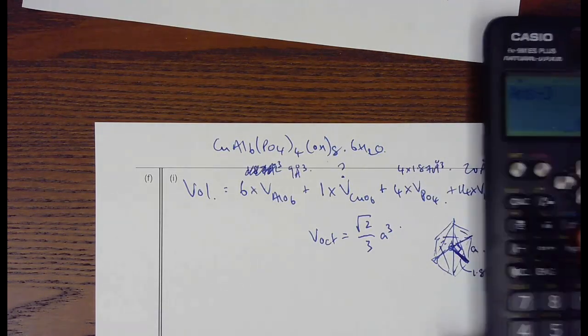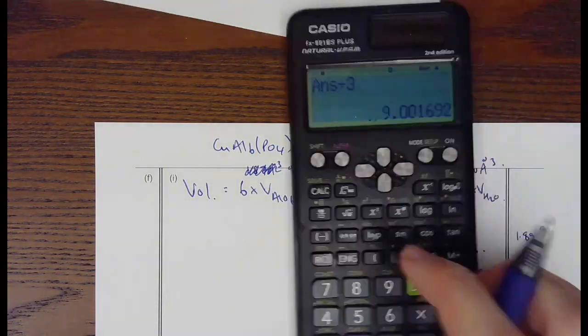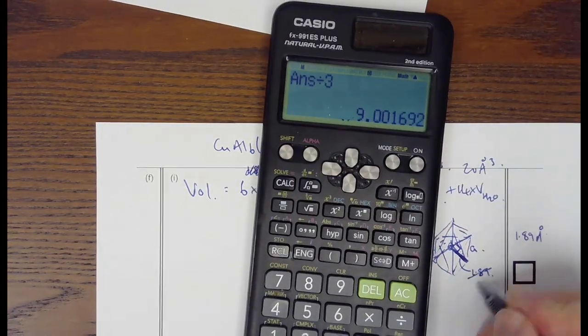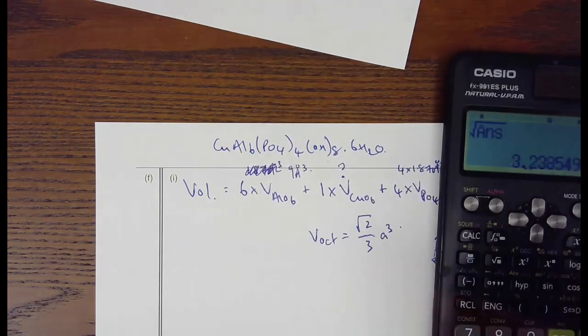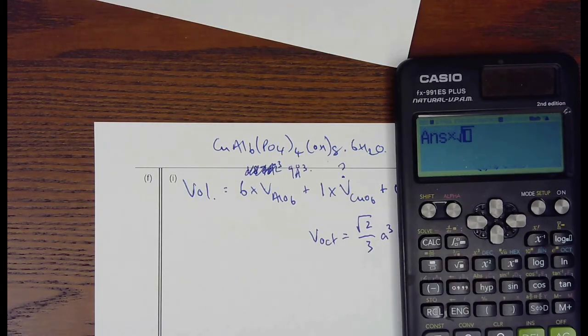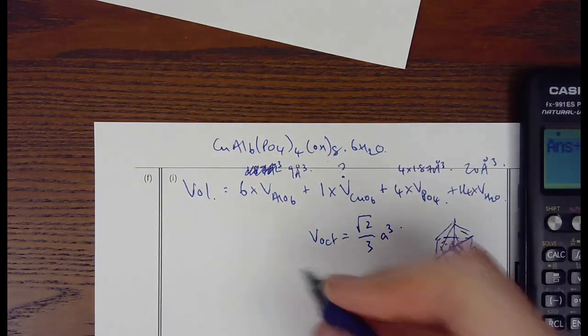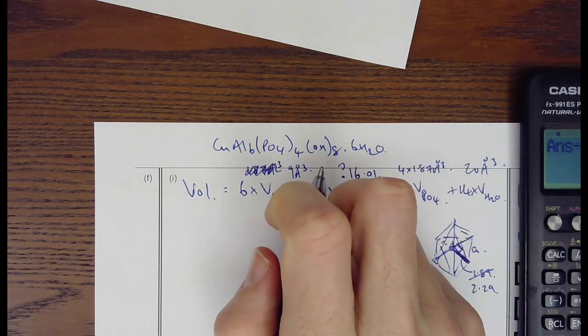All I do then is repeat that same calculation with 2.29. So 2.29 squared times 2, take the root of that gives me A, then cube that, times root 2, divided by 3 gives me 16.01.